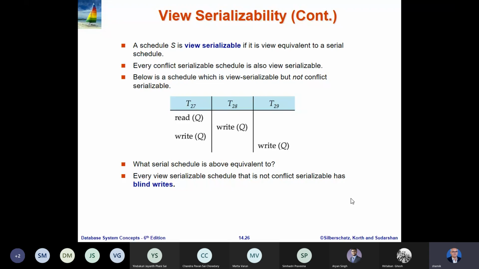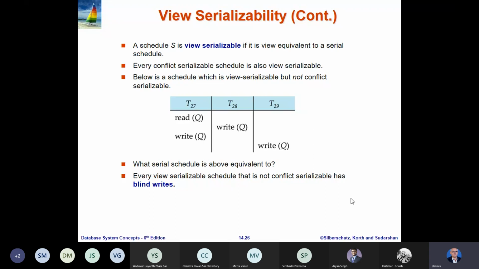Especially if T28 did a read Q, it will not help, because that read Q will be reading the old value, and if you move T28 below T27, then T28 will be reading the value written by T27. So let me repeat: if T28 had a read Q before write Q, then it will not be view serializable, because the read Q of T28 in this schedule will read the original value.